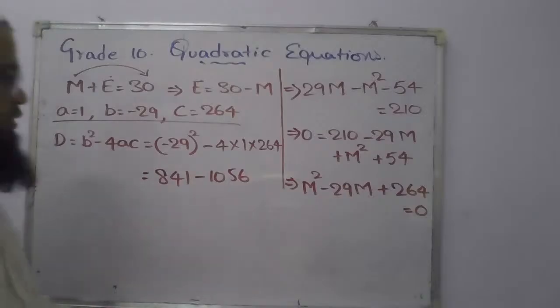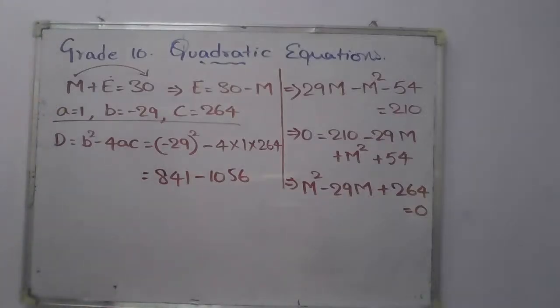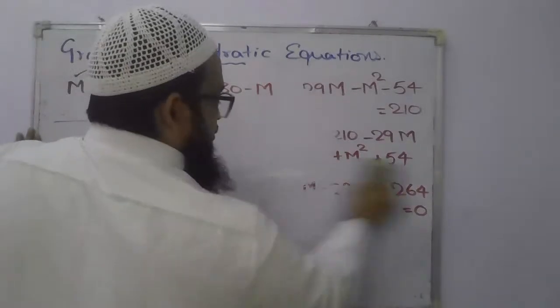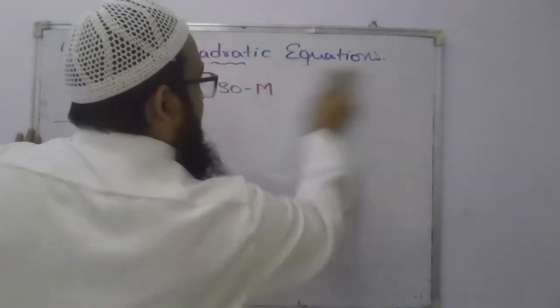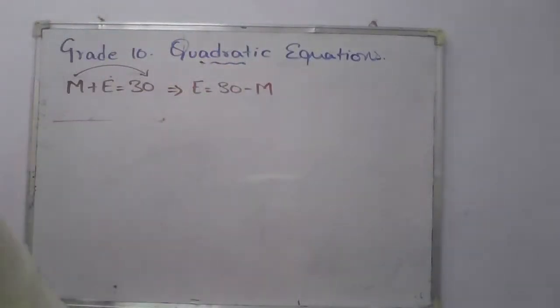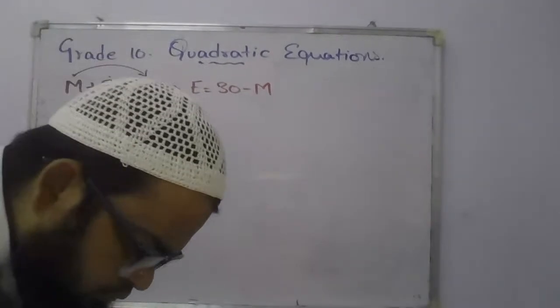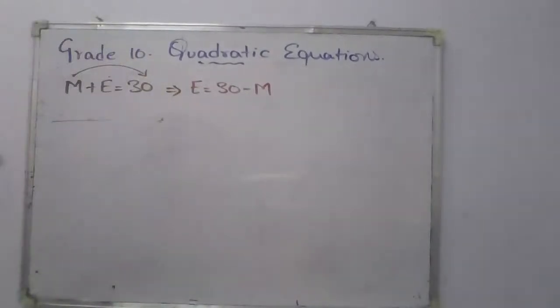So can you students please check where did we do any mistake over there? I'll have to do it one more time. So wait, because you should not get discriminant negative. Okay, let me check. It is 30, right?